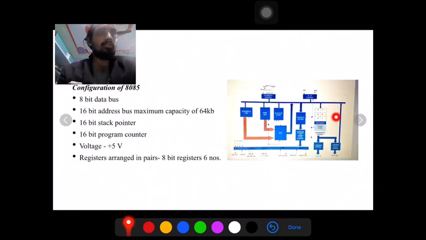Then we have the stack pointer, the program counter, and the registers. How many registers do I have? A, B, C, D, E, H, L. Basically B, C, D, E, H, L are the six registers that we have here, and they are all 8-bit registers. Let's move to the next slide.